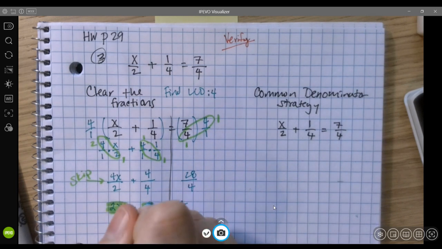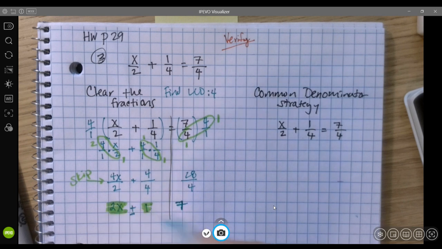So what I'm going to do, the opposite or the inverse of addition is subtraction. So I'm going to subtract 1 from both sides. So that's addition, so I'm going to subtract. So that's the opposite. So I get 2x equals 6. This is multiplication. The inverse of multiplication is division. So I'm going to divide both sides by 2.